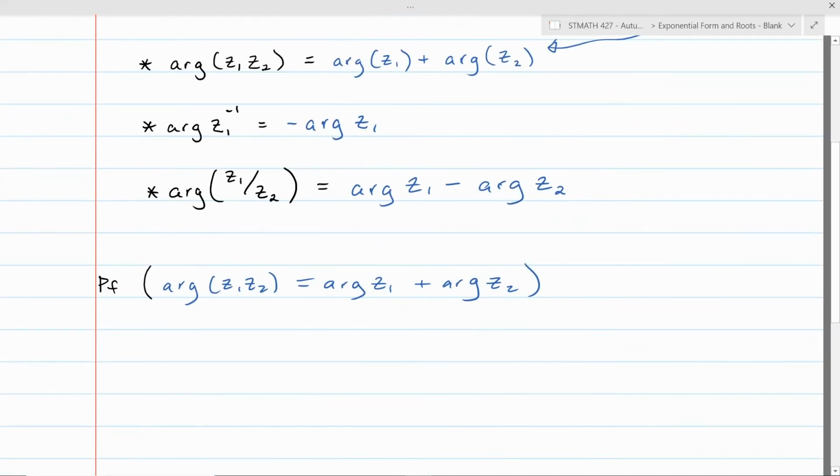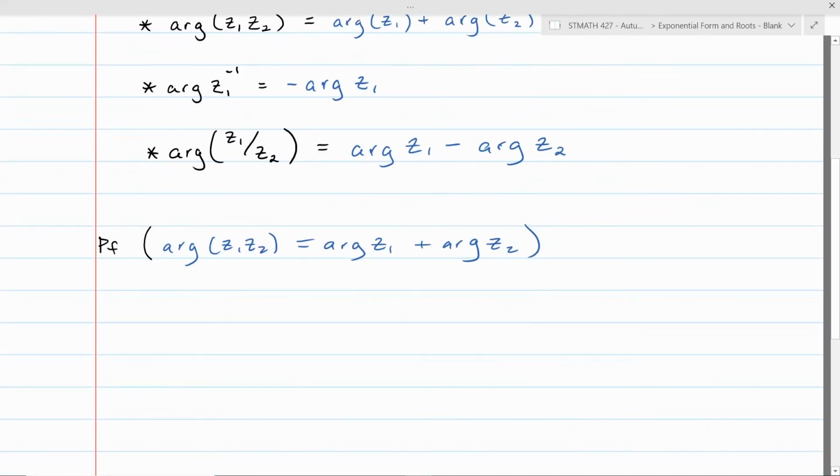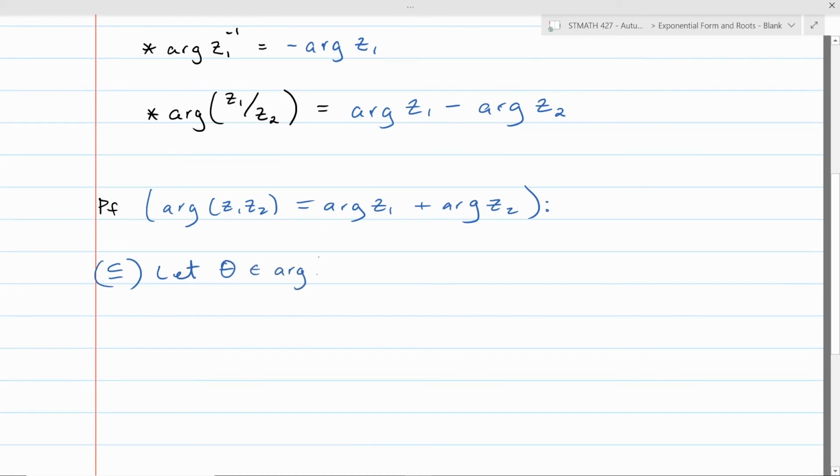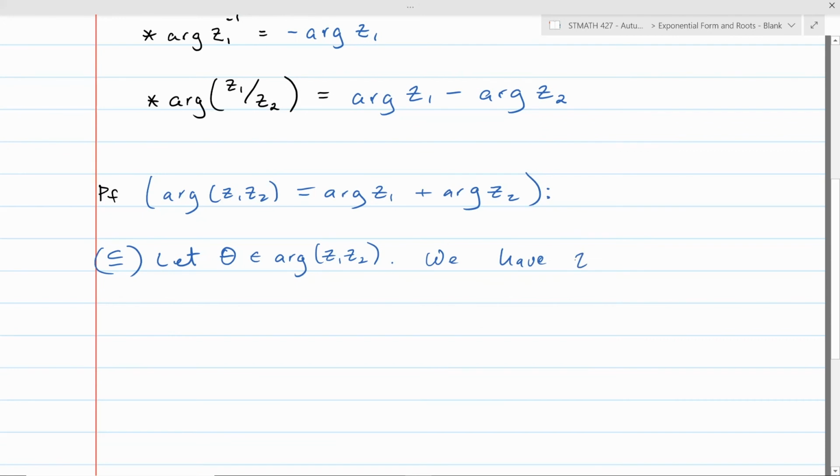So I was thinking I'd prove that first relationship there. Well, I'm going to do this a little differently than the way the textbook did it. I want to go back to thinking of those as sets. And so if I want to prove two sets are equal, I can do a proof by double containment. So if I took some number, let's say theta, and I say it's in arg z1, z2, z1, z2 is equal to r1, r2, e to the i times theta 1 plus theta 2.